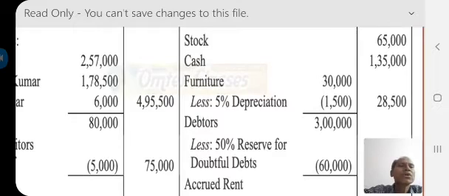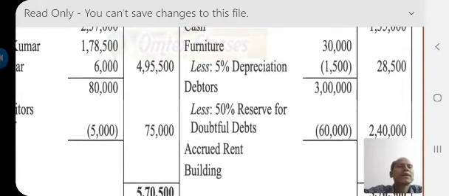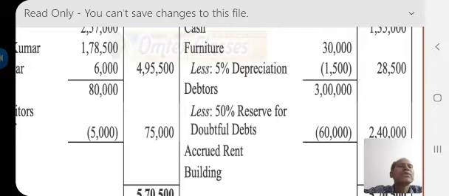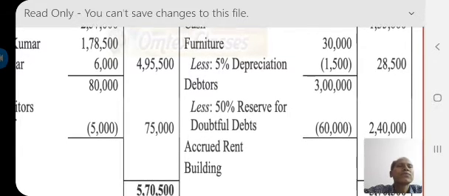And cash 1,35,000. This is shown in the working notes below this problem. Furniture is depreciated 1,500, so that is 28,500.